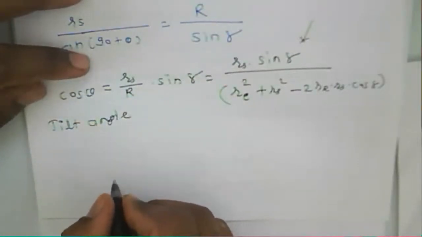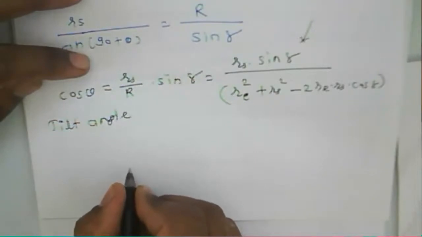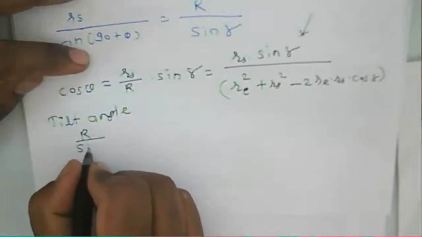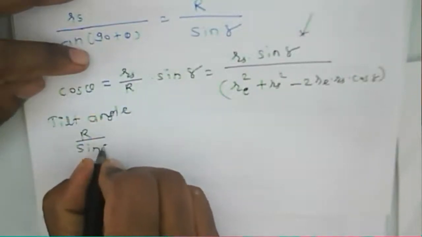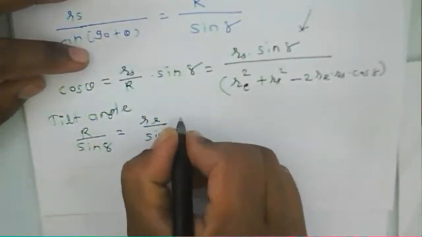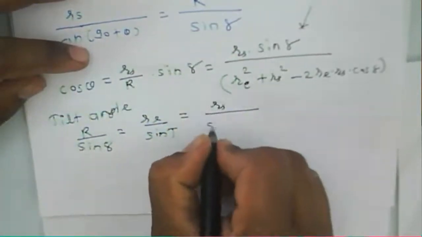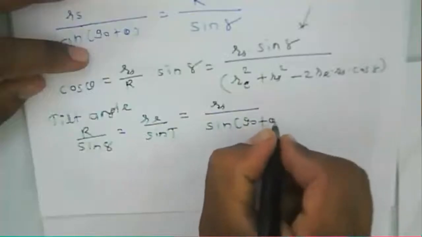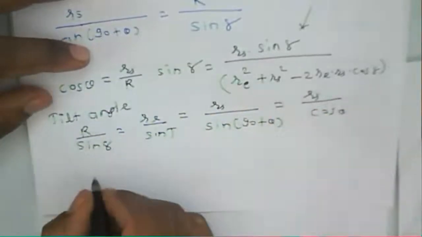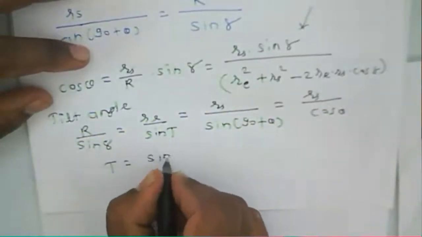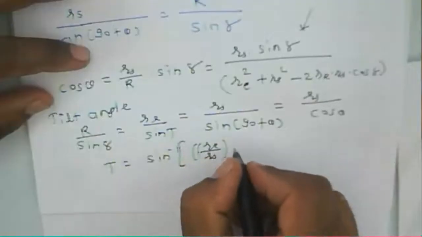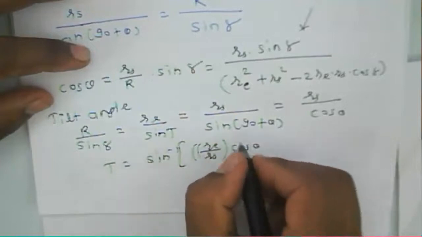So I'll write directly the angle. Before that, I'll write one equation there. That is the law of sine: Re by sine of t is equal to Rs by sine of 90 plus theta, which is equal to Rs by cos of theta. So if you solve it further, we'll get t is equal to sine inverse of Re by Rs into cos of theta.